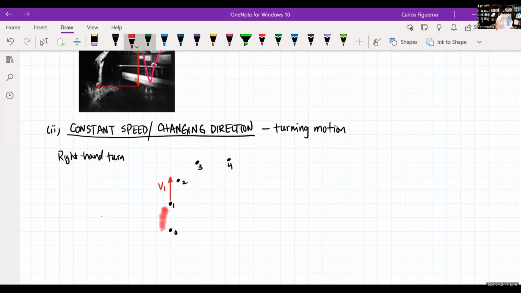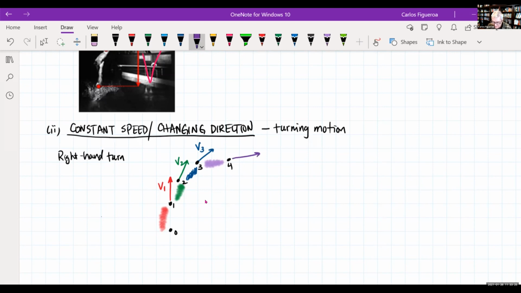But now look at the direction of the interval here. The direction of the interval is slightly off. So the only way that could be is that my velocity must have changed direction at point 2. And I'm just going to keep playing this game where I focus on that interval right here. It looks something like this. In the end, you could see that I might be coming into the right-hand turn, but there's a slight angle still.